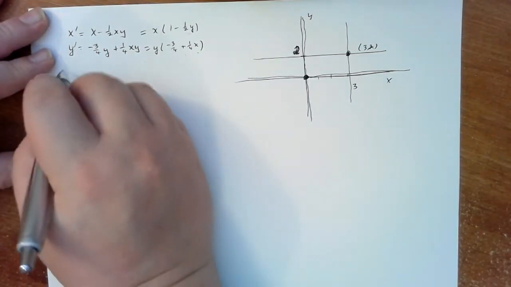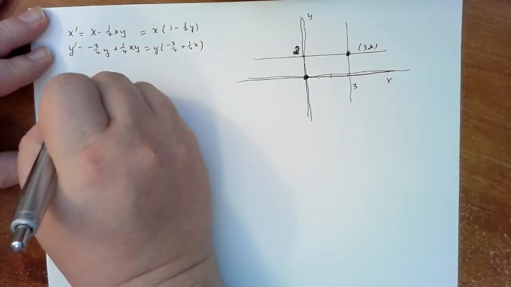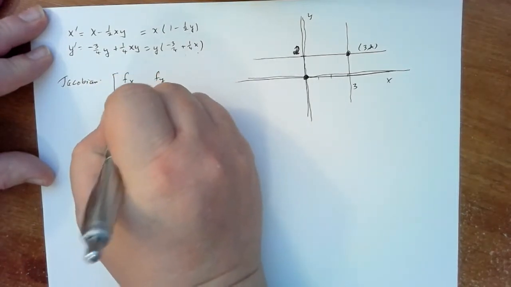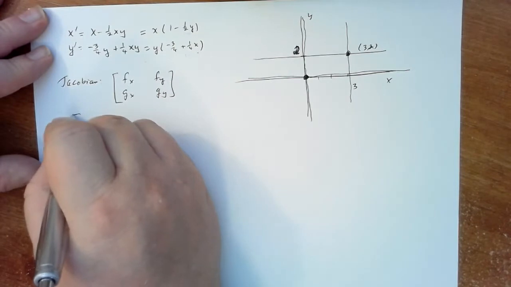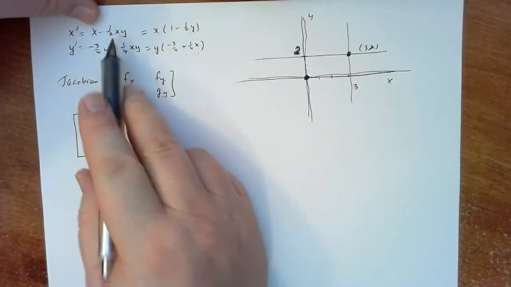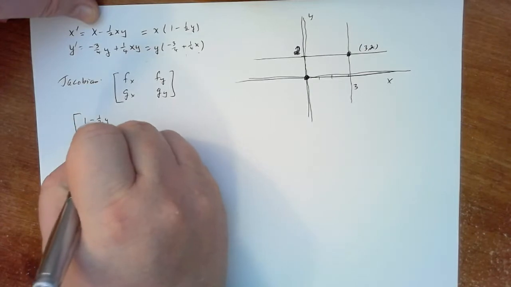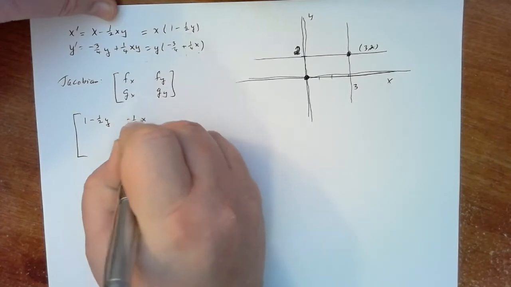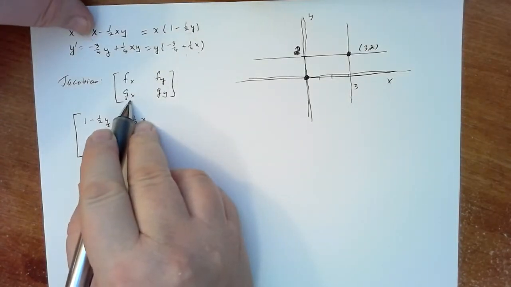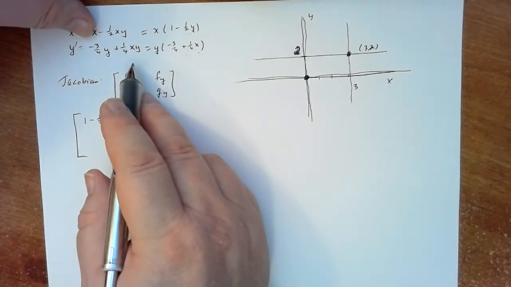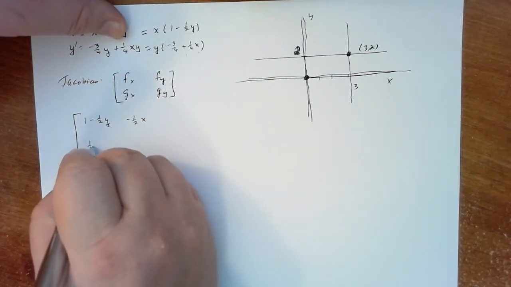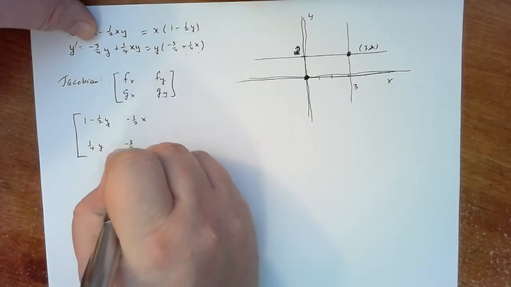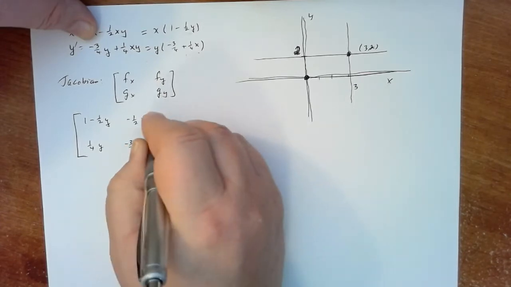So in our linearization, we want to construct our Jacobian matrix, which is our f sub x, f sub y, g sub x, g sub y. So in this case, f sub x is going to be 1 minus 1/2 y, and f sub y would be minus 1/2 x. g sub x is going to be 1/4 y, and then g sub y is going to be minus 3/4 plus 1/4 x.